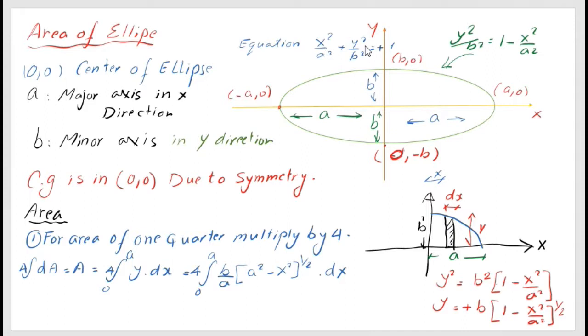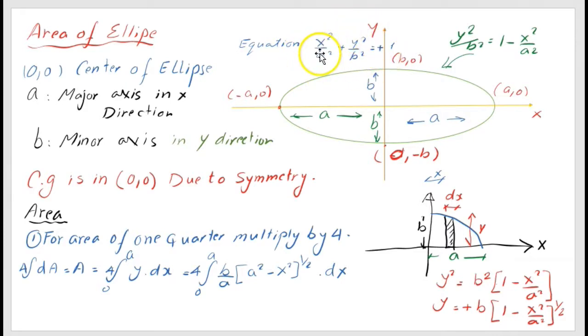If we just rotate this ellipse 90 degrees, the equation will change into x squared over b squared plus y squared over a squared equal to 1.